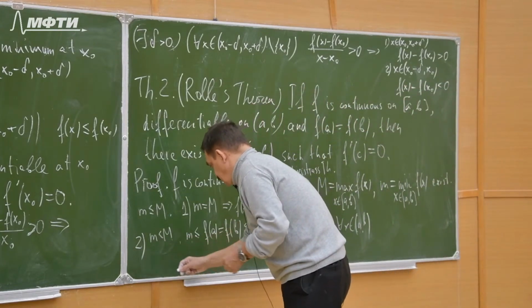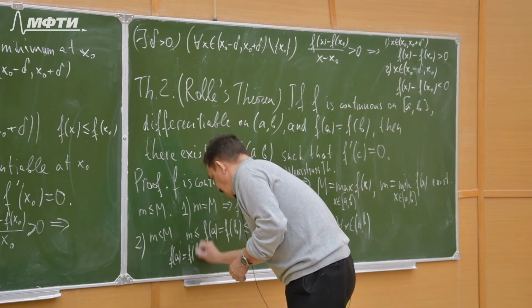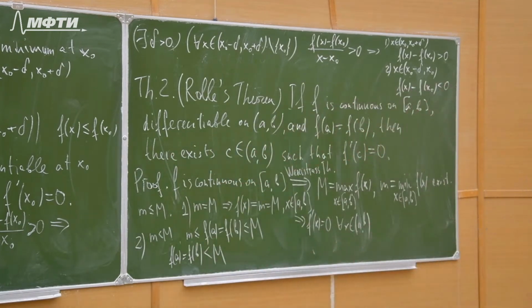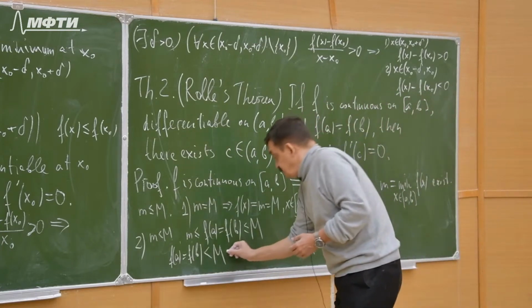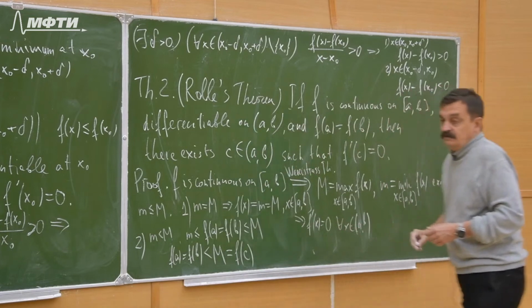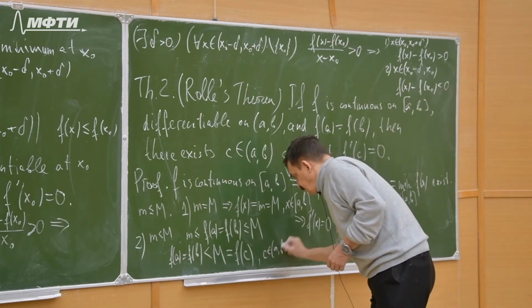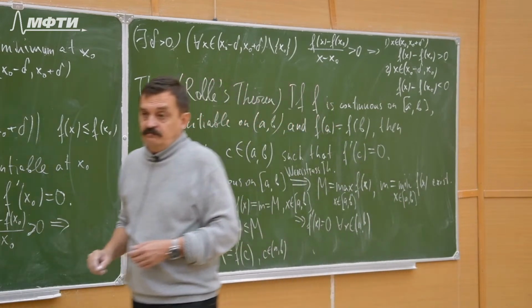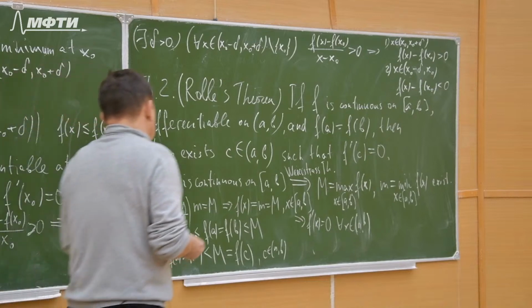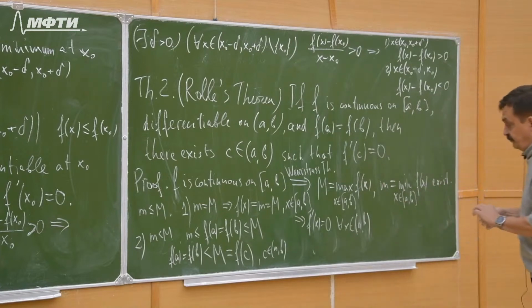Without loss of generality, we can suppose, let's say, f of a equals f of b is strictly less than capital M, right? And capital M is still attained at a point, so let it be C in AB, in the open interval, because by Weierstrass we know that the value of the maximum is attained at a point of the interval.